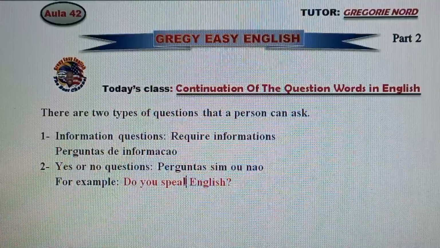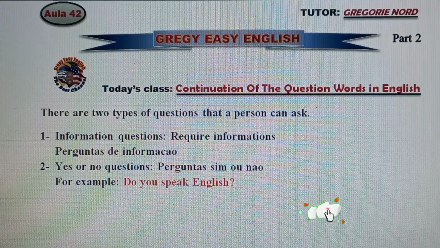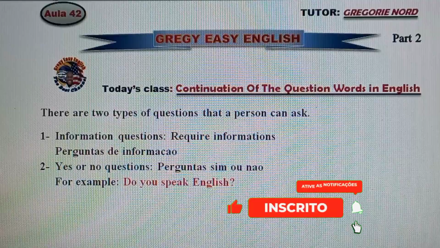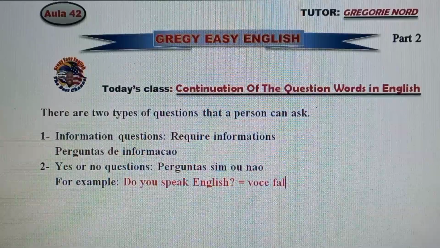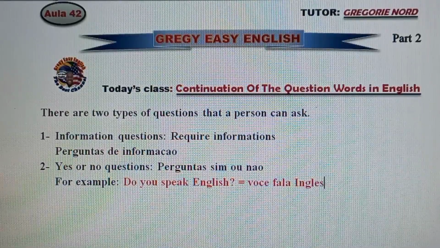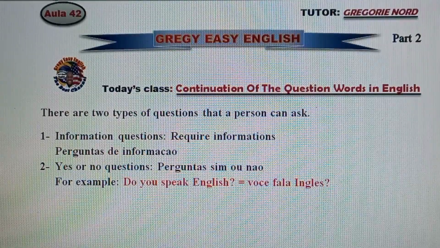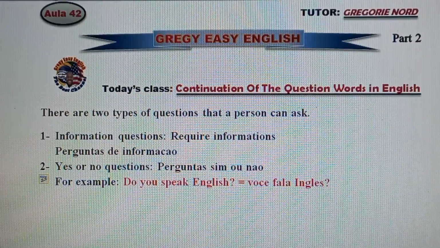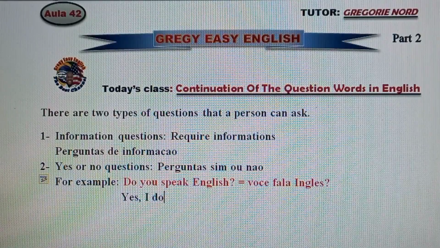É uma pergunta que tem a ver com uma resposta sim ou não. Do you speak English? Você fala inglês? Vamos responder, pessoal. Let's say, yes, I do. Yes, I do é uma resposta sim. É uma resposta afirmativa.